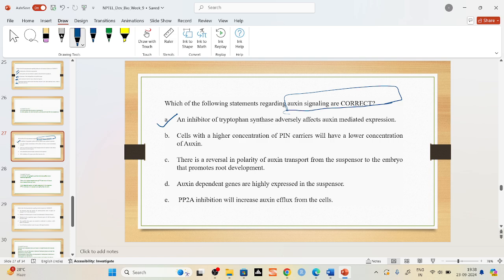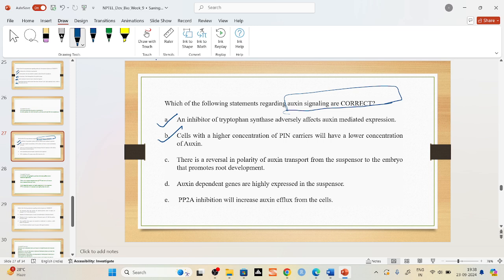So, is it a correct or an incorrect statement? This is a correct statement. Why? Because when there is higher PIN expression, then there is more auxin transportation out of the cell.